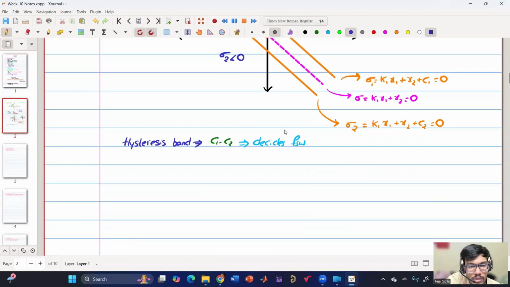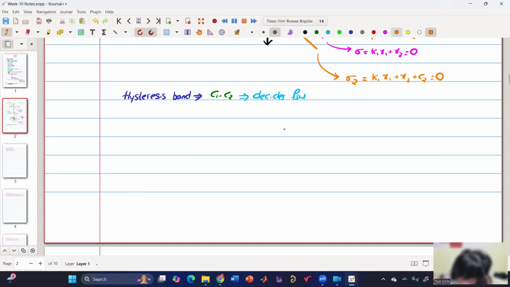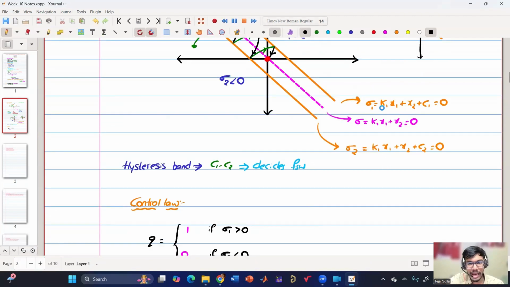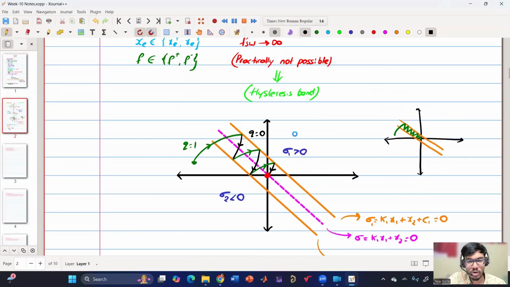Now, my control law, so this is called the control law. My control law is such that Q is 1 if sigma 1 is positive and 0 if sigma 2 is negative. In the MATLAB simulation, I will be calculating sigma 1 and sigma 2 based on my states.